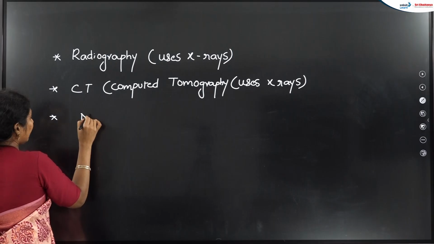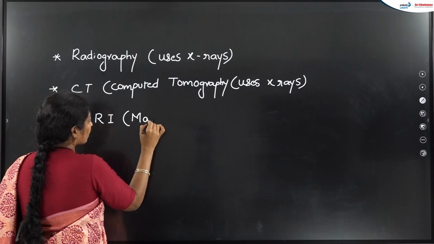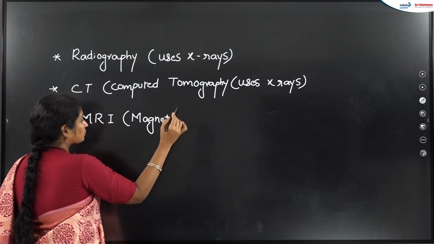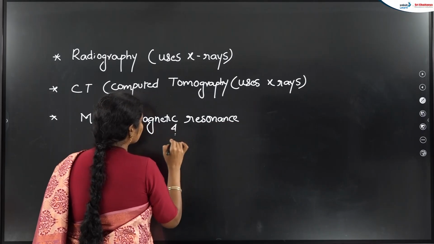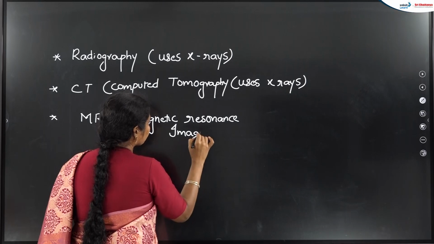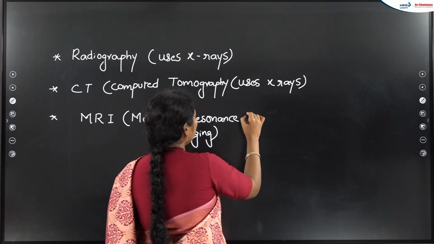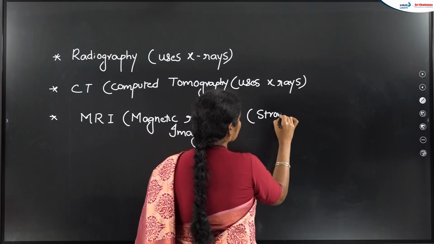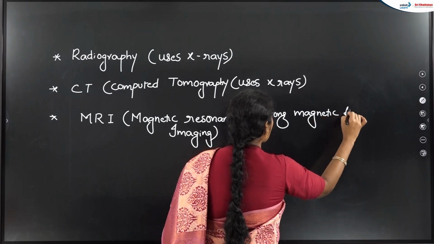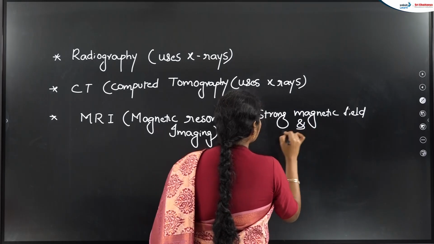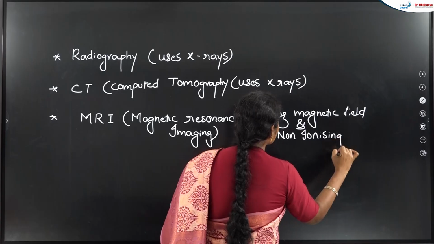And the third one is MRI. MRI full form is magnetic resonance imaging. In this technique, they use a strong magnetic field along with non-ionizing radiations.